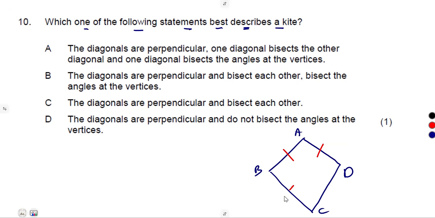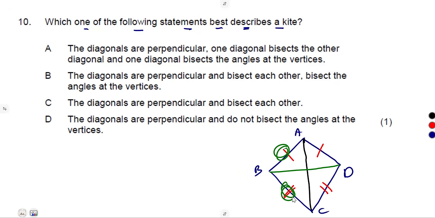Adjacent sides BC, CD will be equal. Then, if we are to draw the diagonal AC, this diagonal AC bisects the diagonal BD, the one that is between the sides which are not equal. Remember, these two are not equal.